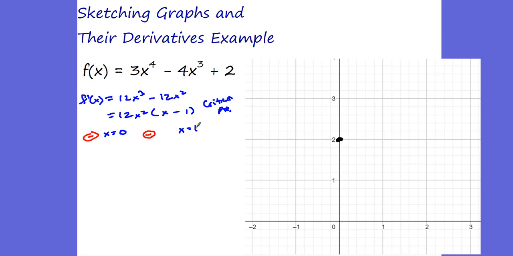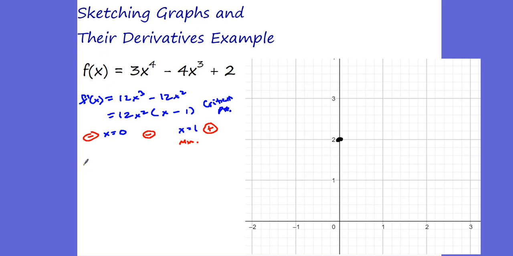If I plug in a number bigger than 1, I'm going to get all positive values, aren't I? Which means x is equal to 0 is not a max or a min, because it doesn't go from positive to negative or negative to positive. But here, my slopes are negative, and then it's going to go positive again, which means this is going to be a relative min at x is equal to 1.